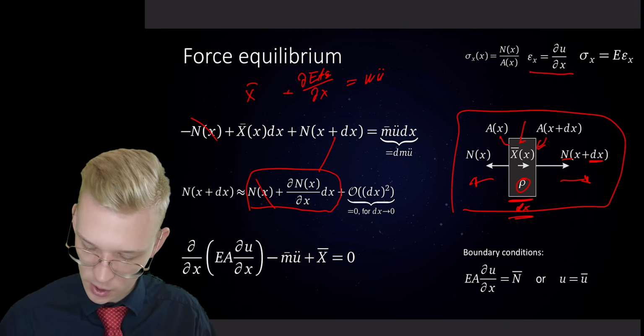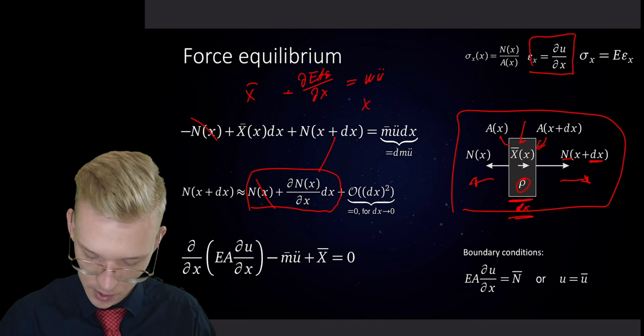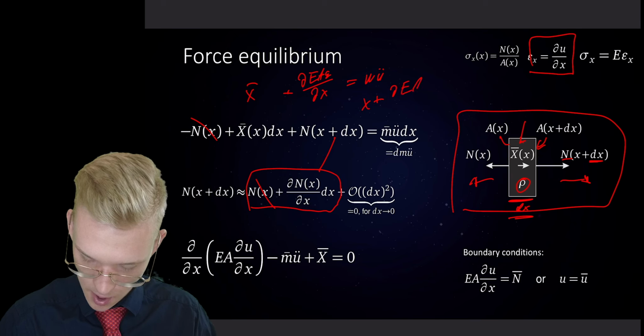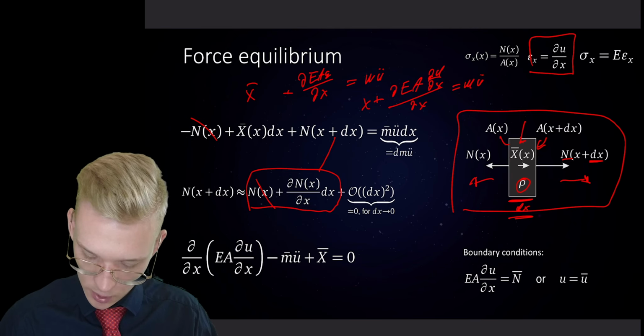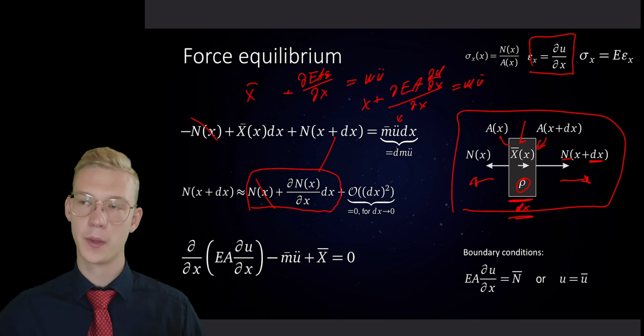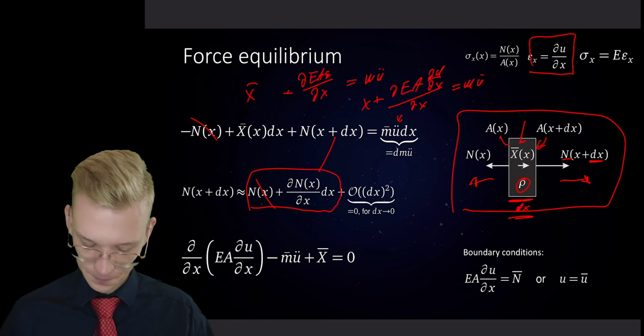And we know that our strain is again du/dx. So we are left with n' plus the derivative with x of EA du/dx is equal to m' u double dot. U double dot is the time derivative, so a derivative in time, because if we go from positions to velocities to accelerations, we derive with time.